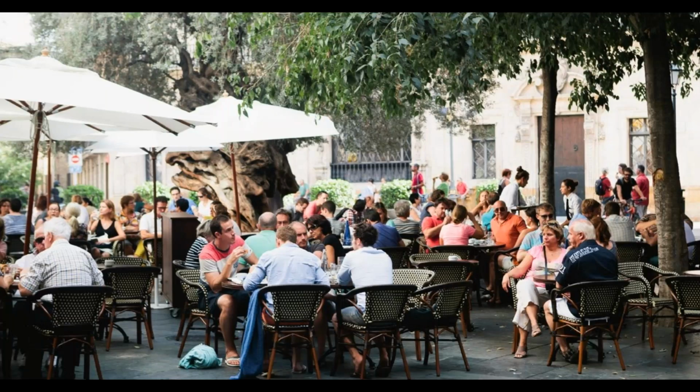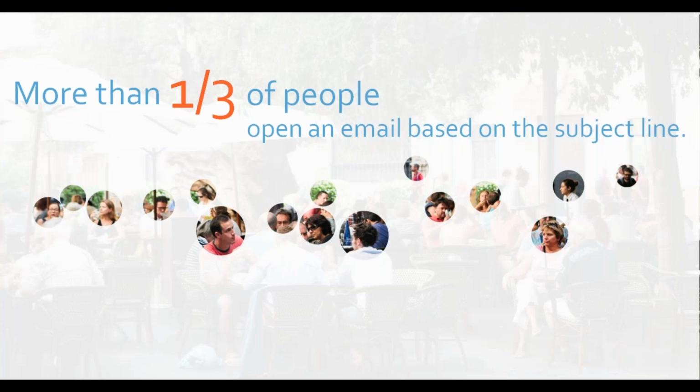And it helps with this first thing right here. Because one of the most primary things that are going to prevent you from success is step 1. It's the subject line. More than a third of people are going to open the email based on the subject line. So you thought you needed to be concise in the campaign.